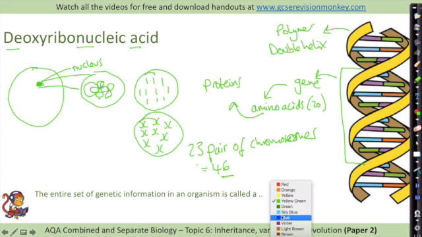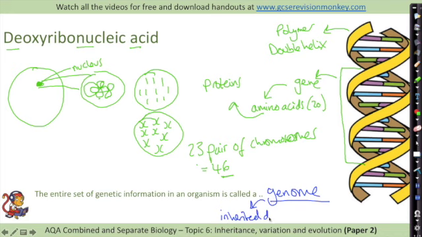The entire genetic information in an organism, whether it's a plant or an animal, is called a genome. And that's really important to help us investigate inherited disorders or things like human evolution and how we're all related to each other and how we've migrated in the past.